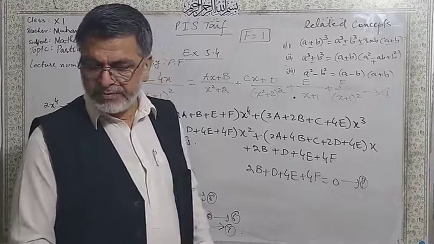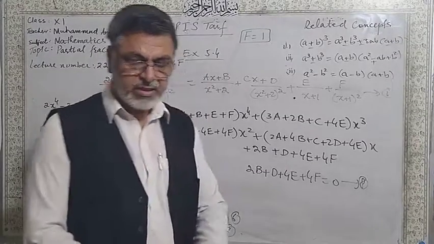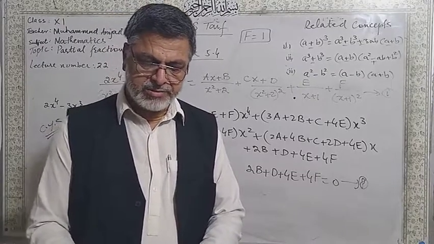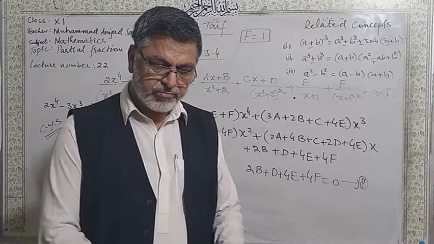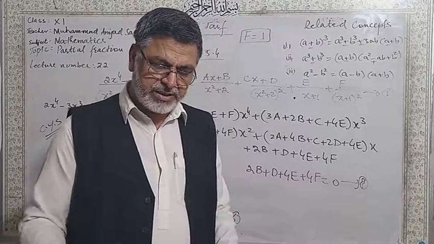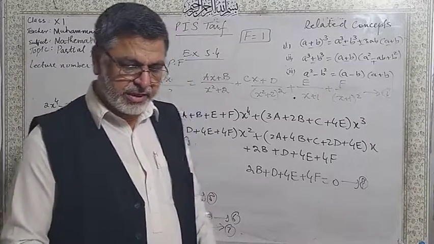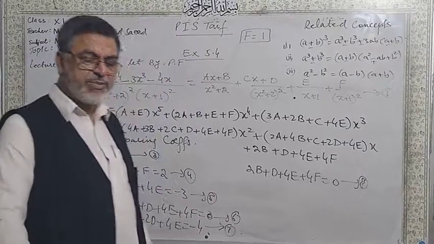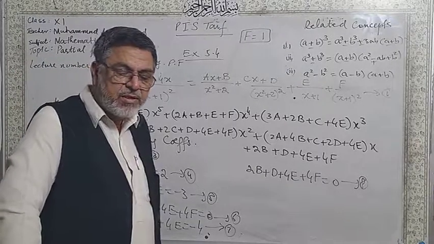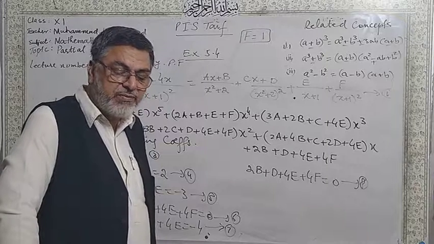After that, this chapter number 5 is finished. After that, we can start our chapter number 2. Chapter number 2 is very simple, and most of chapter 2 you have seen in previous classes, in 7th, 8th maths, in 10th class, chapter number 5.